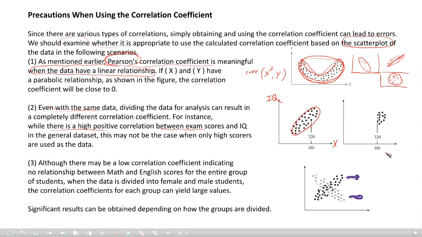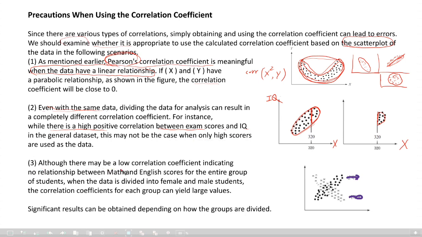But for the scores greater than 320, this data will be like this. Then the correlation may not be the case when only high scores are used as data. Make sense?